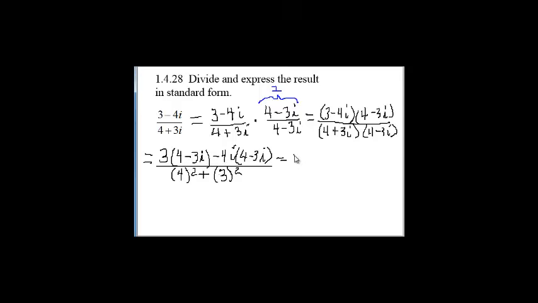So 3 times 4 is 12. 3 times negative 3i is negative 9i. Negative 4i times 4 is negative 16i. And negative 4i times positive 3i is positive 12i squared.